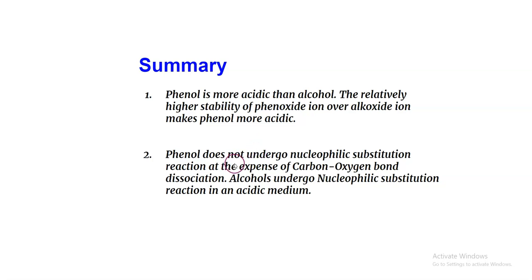And the second was the chemical reaction: does phenol undergo a nucleophilic substitution reaction at the carbon center? It does not, right? But the alcohols do. And that's because of the poor stability of the phenyl carbocation and the relatively higher stability of the alkyl carbocation in the case of alcohol. Just remember these two differences.